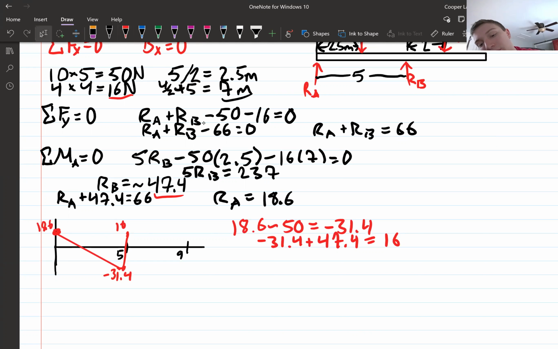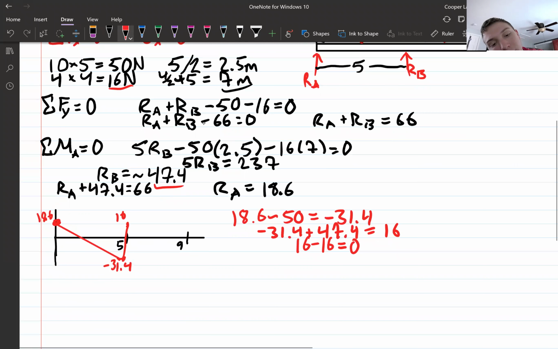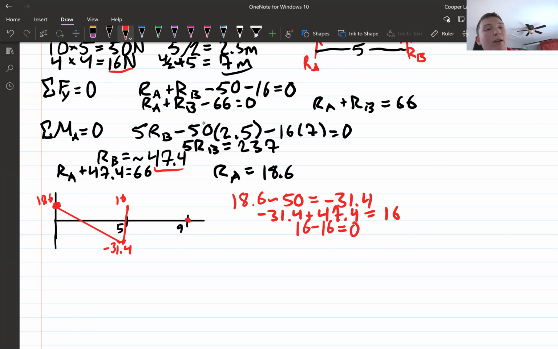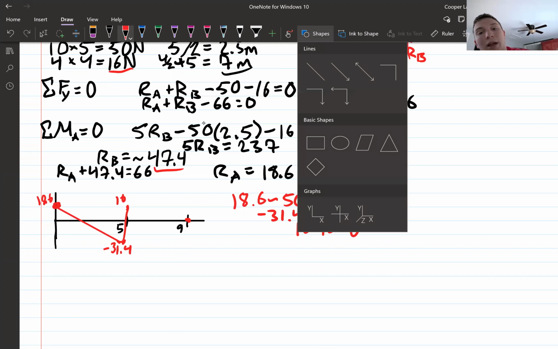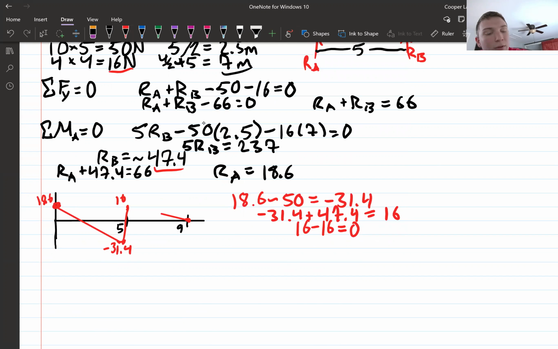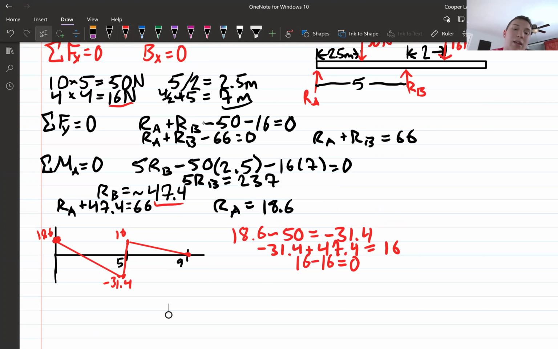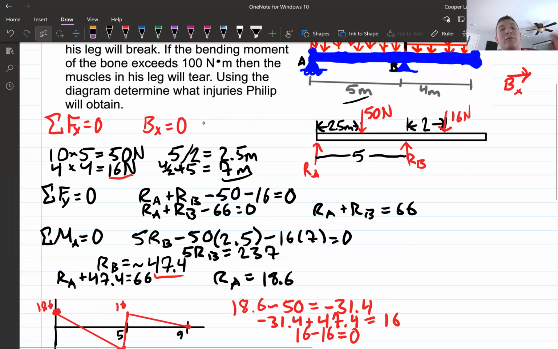So I'm going to do 16 minus 16, and when I do that out, I'll get 0. So that tells me that our shear force ends right there, back at 0. So if you remember though, with the equation, it was asking if our force ever exceeds 40 newtons.